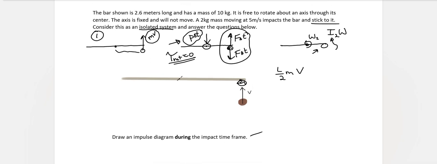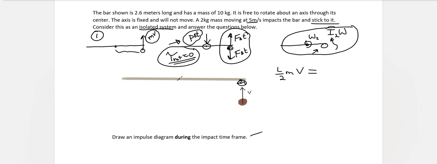The distance is half the length times mv, where the m is the mass of the putty and the v is 5 meters per second. And now we can equate that, because of the no net torque, to the angular momentum in this picture.